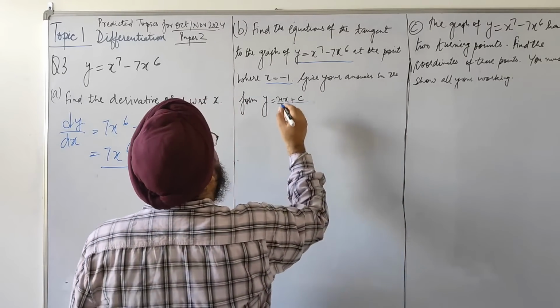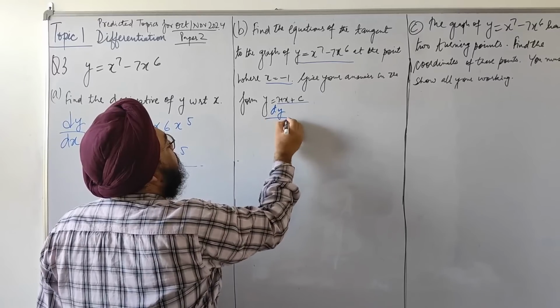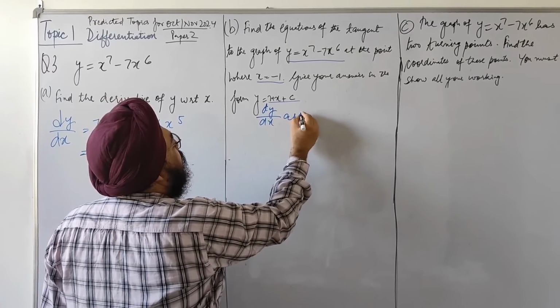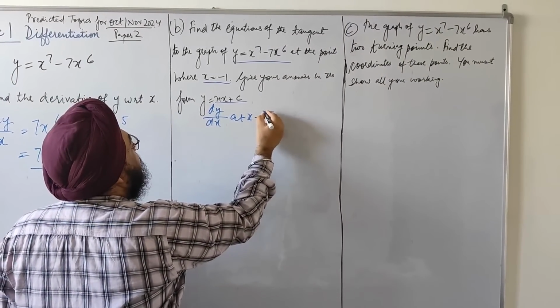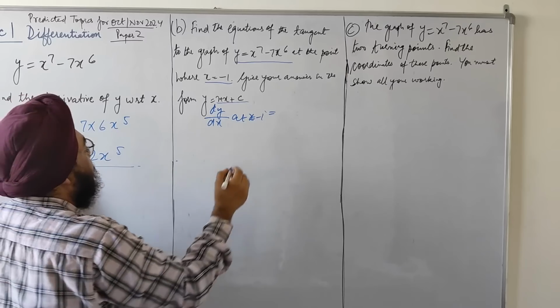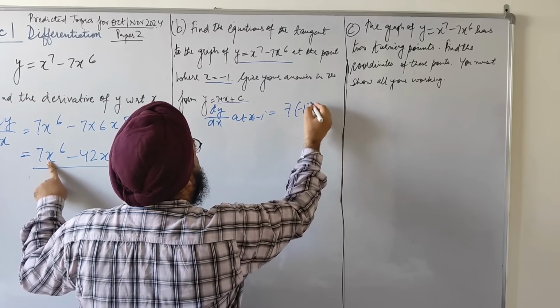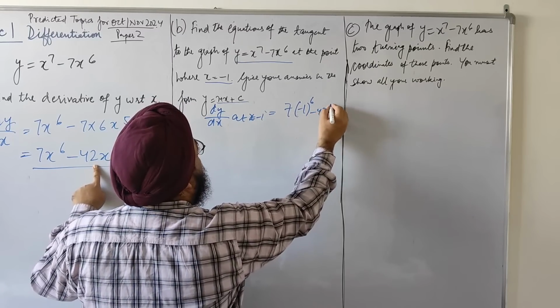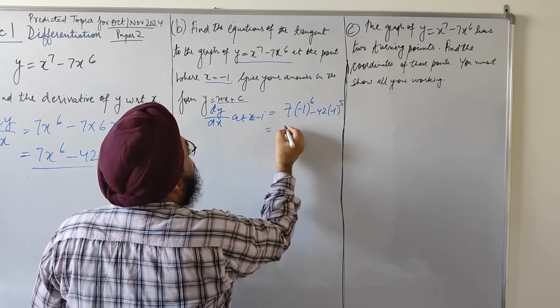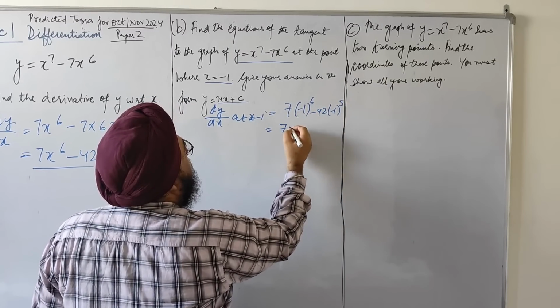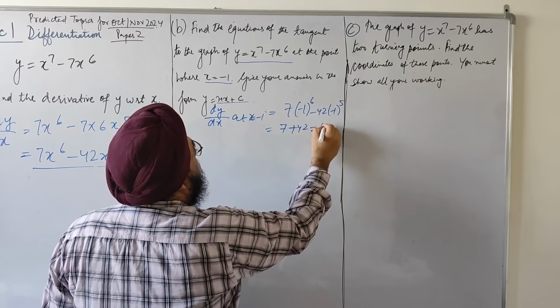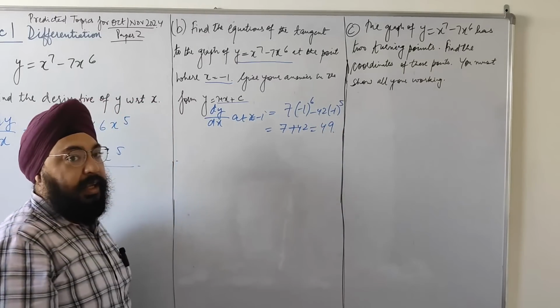So now we will be finding dy by dx at x is equal to minus 1, which is equal to 7 into (minus 1)^6 minus 42 into (minus 1)^5, which will be equal to 7 plus 42, that is 49.